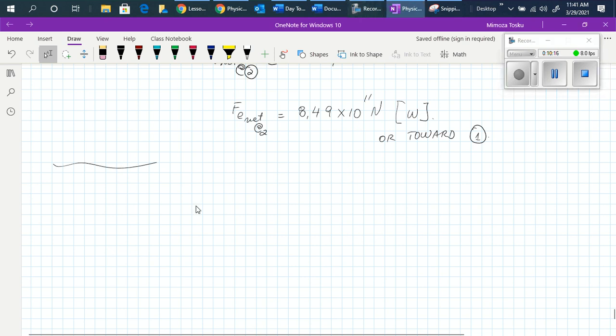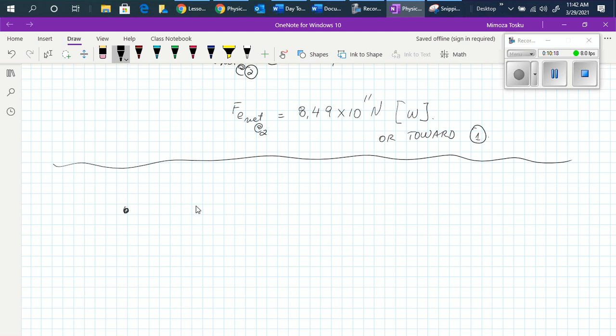Also, as an addition to the homework, let's suppose that you have this situation that you have charge 1 here and charge 2 here. They are in the same line, and then in the same line you are placing a charge 3, which you don't know. So let's say that charge 1 is positive 7.0 coulombs and charge 2 is positive 10 coulombs, and they are apart from each other at a distance of 0.75 meters.